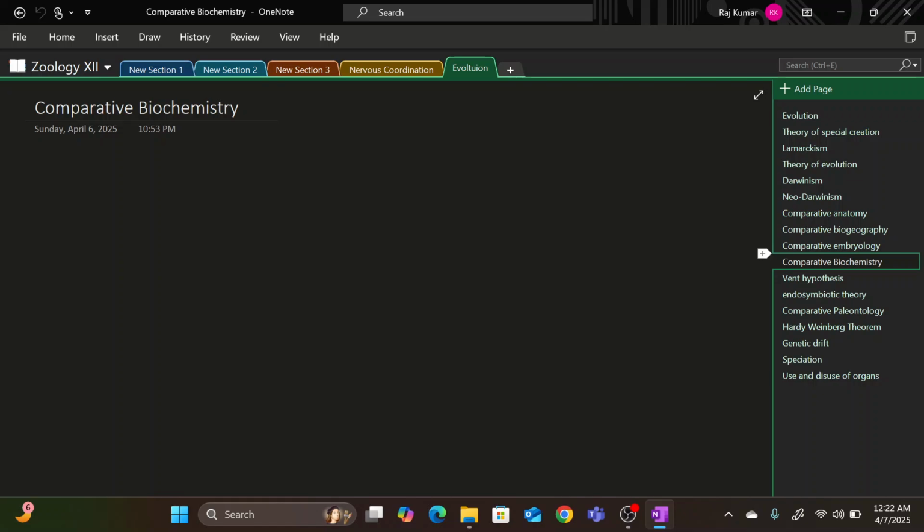But there are certain differences such as the number and nature of introns in prokaryotes and eukaryotes, but these are also at a minority level. So at the biochemistry level, we find a lot of similarities among organisms, such that all of these are linked with each other and have a common ancestor. And cytochrome C, for example, is a respiratory pigment which is found in all aerobic bacteria, which shows a similarity.